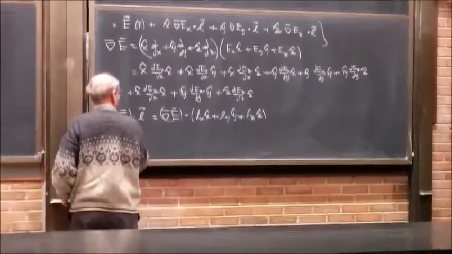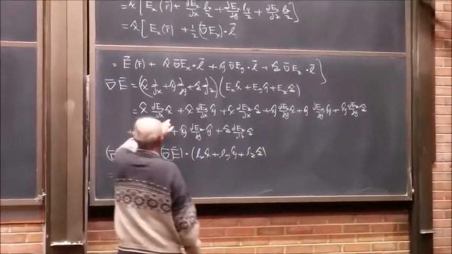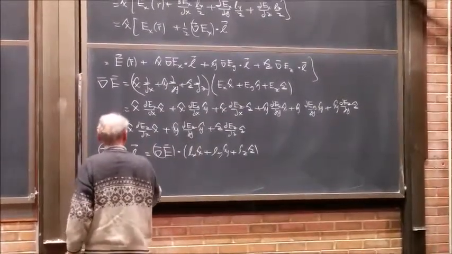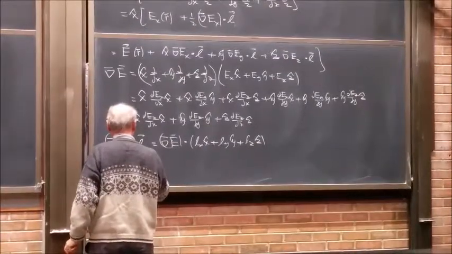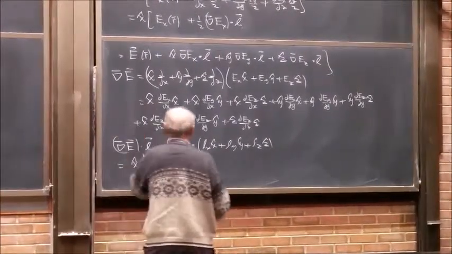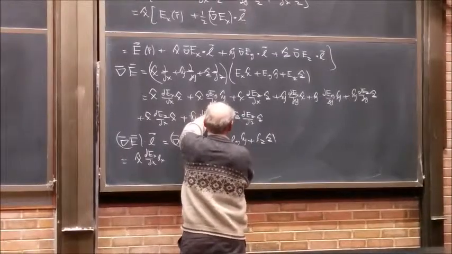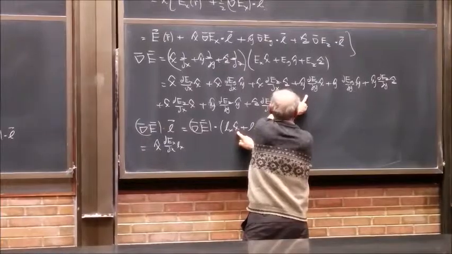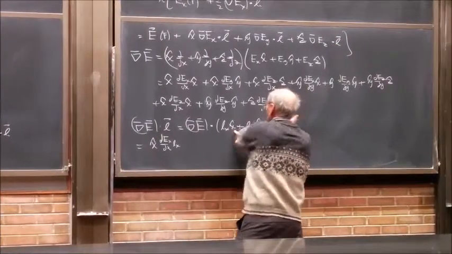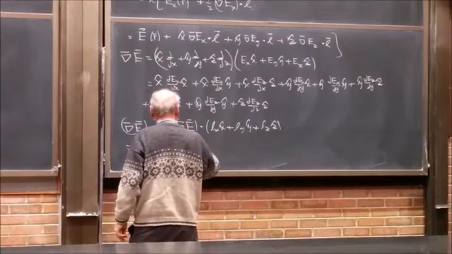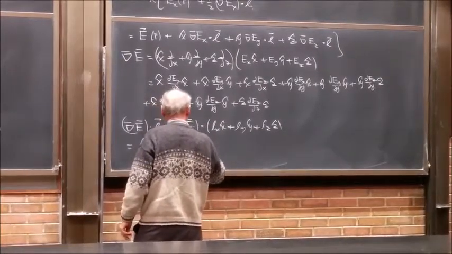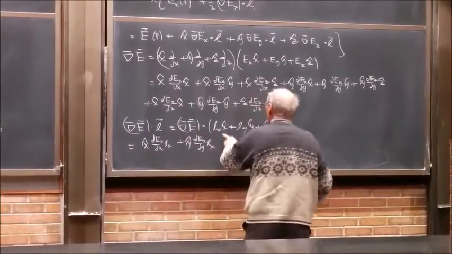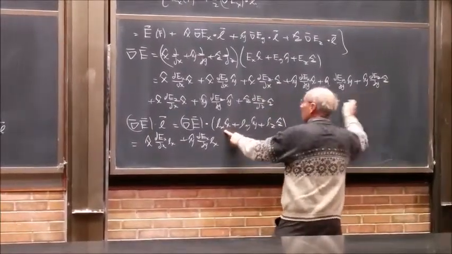And so what you got, x hat dot x hat, that's 1. So you got x hat dEx/dx Lx. X hat dot y hat is 0. So you got y hat dEx/dy Lx. And then that's 0, that's 0.